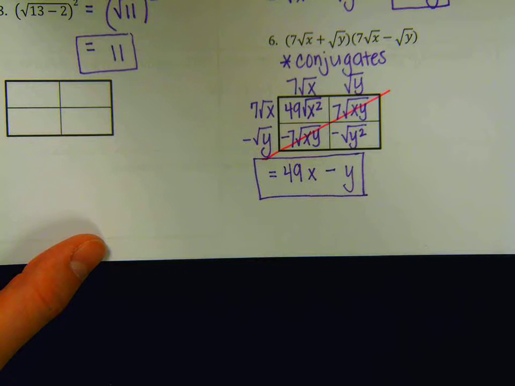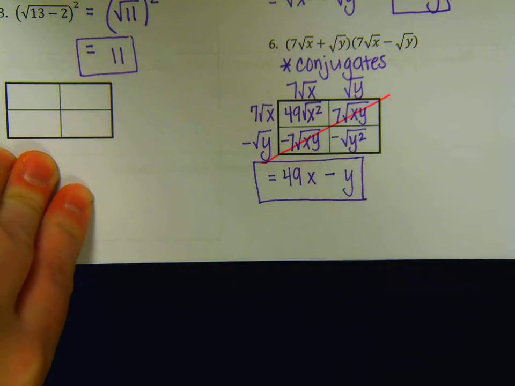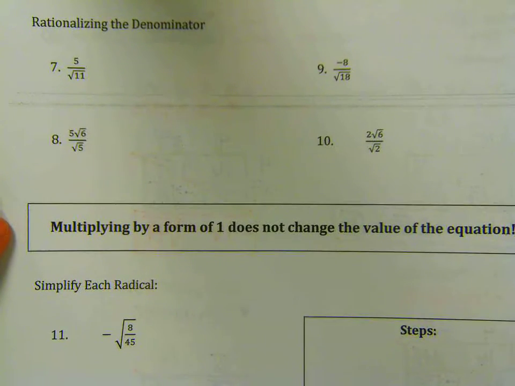So we already did multiplication. Now we're moving on to division, which is usually not quite as fun or easy as multiplication. But let me explain what rationalizing the denominator is. So in the math world, we don't want radicals in the denominator. That's a huge no-no. We're not allowed to have them.